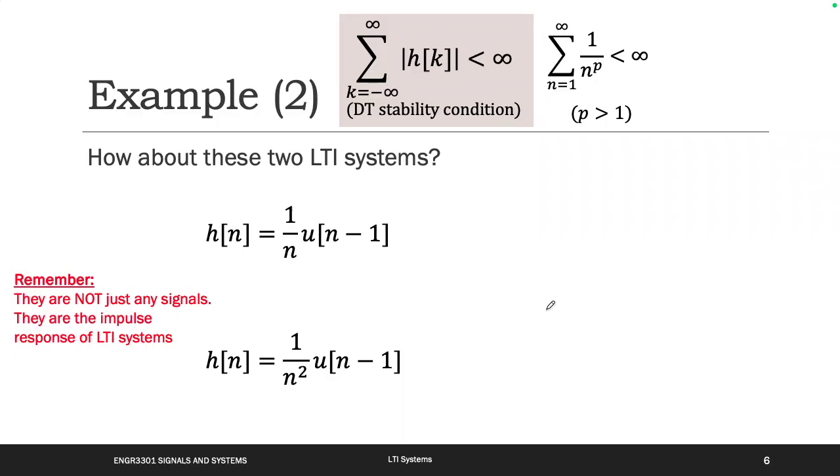So it should start from 1, am I right? From here. So what's the value for this one? You know? Yeah, we just get this one. Actually, it will go to infinity.